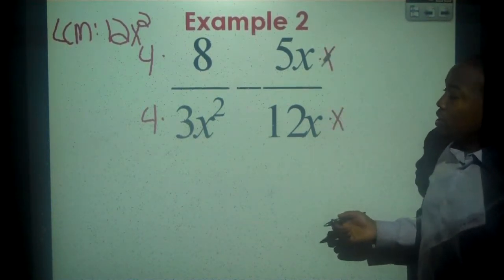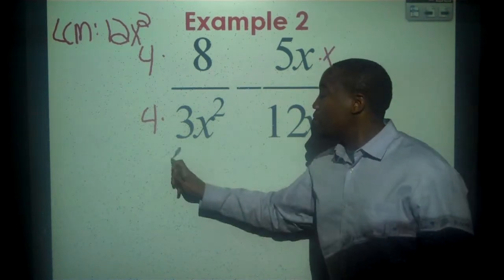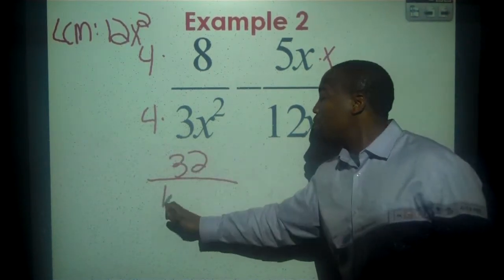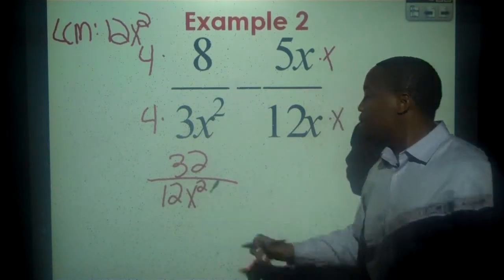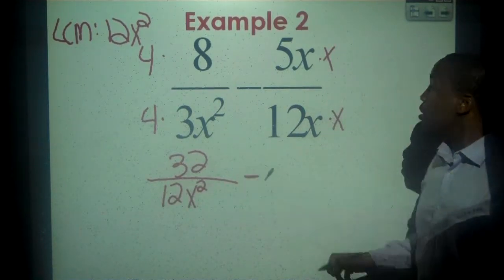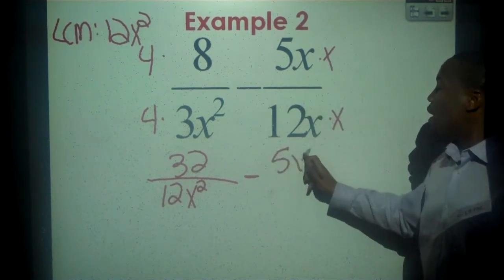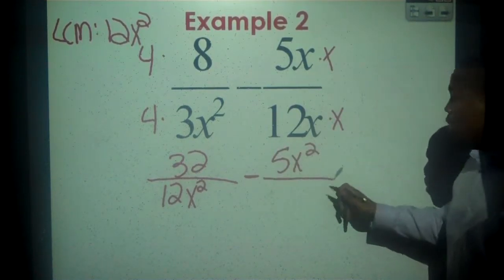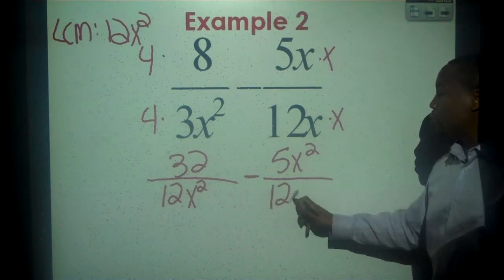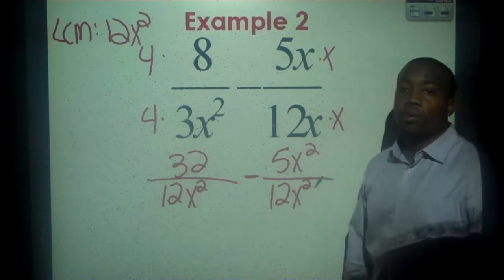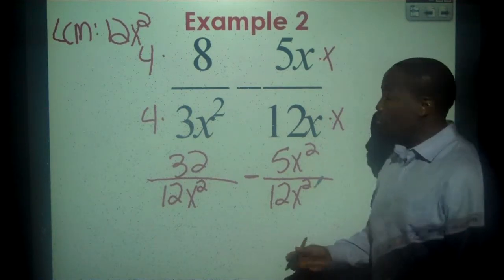Now all I got to do is multiply it out. So I get 32 over 4 times 3 is 12x squared, minus, I'll multiply times x on the top, will be 5x squared over 12x squared. Now as you see here, my denominators are exactly the same. So now the hard part is over.